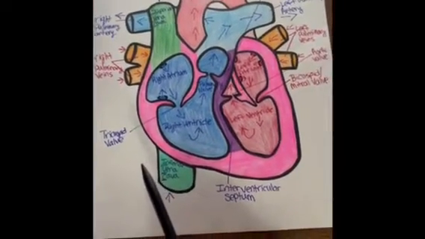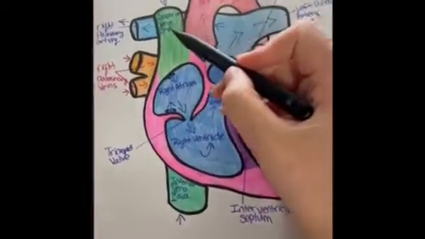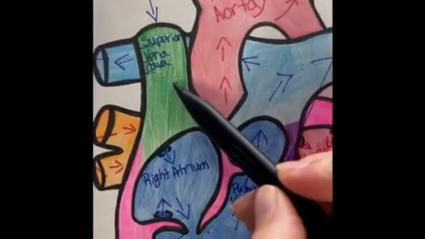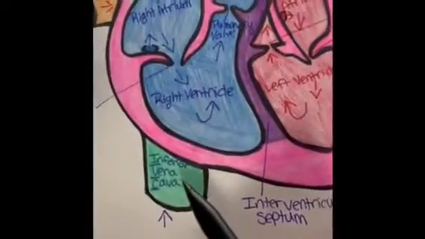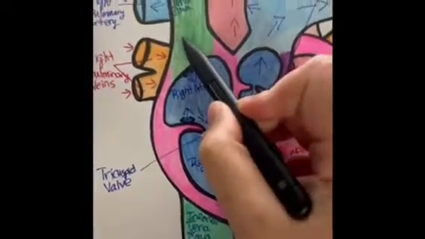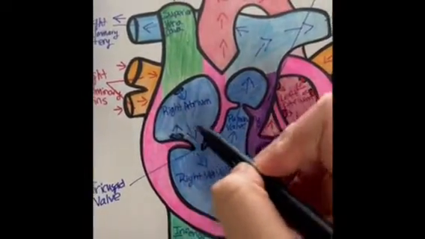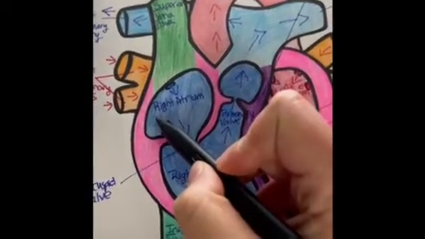This is where deoxygenated blood enters through the superior vena cava and the inferior vena cava. So both of these veins pump deoxygenated blood into the right atrium.